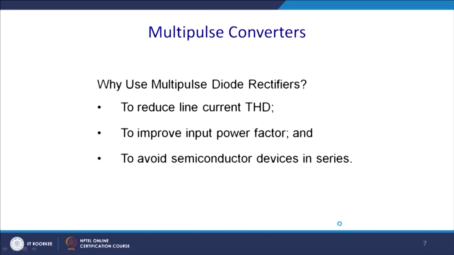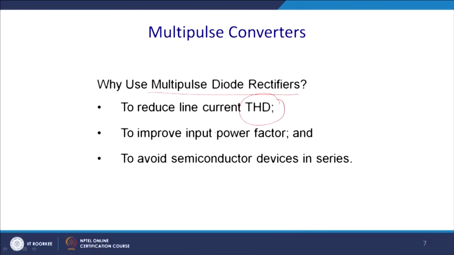Now, this is the problem of the converter. So, why use the multi-pulse diode rectifier? Because, as I will show a little later, the current THD will be around 30%, and to improve the input power factor you require it to be close to 0.95.